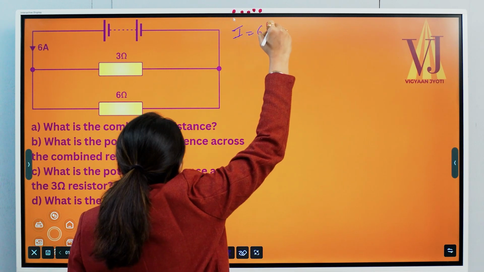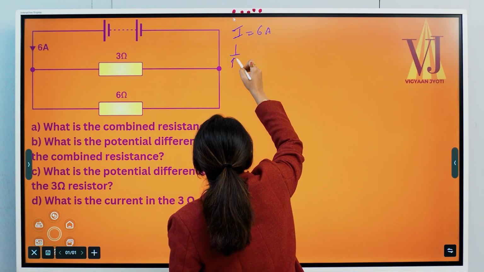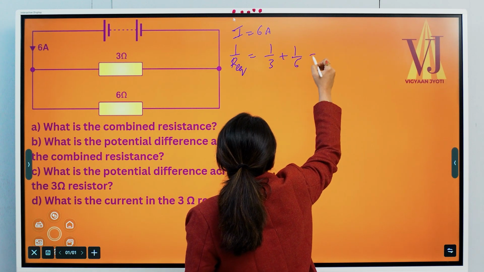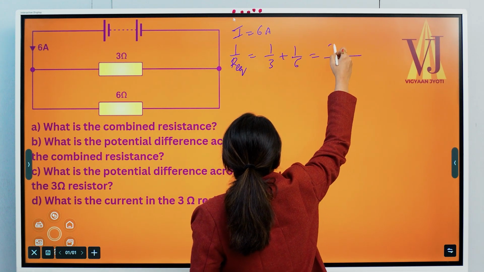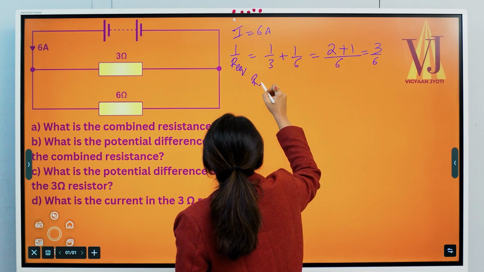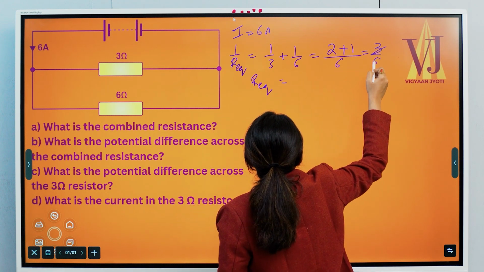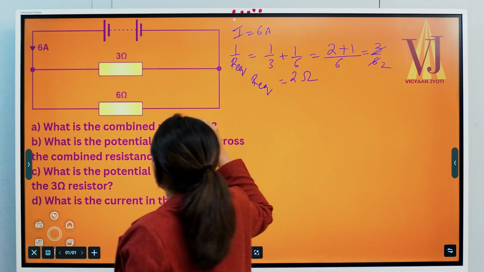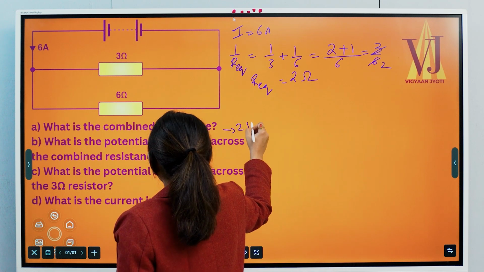Now we have to find the total resistance as well. The equivalent resistance will be 2 ohm. Clear? That means we have found the combined resistance, which is 2 ohm.